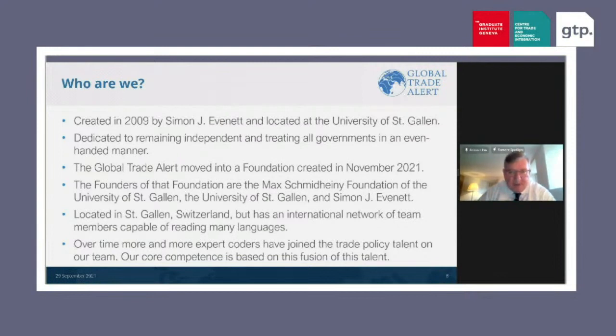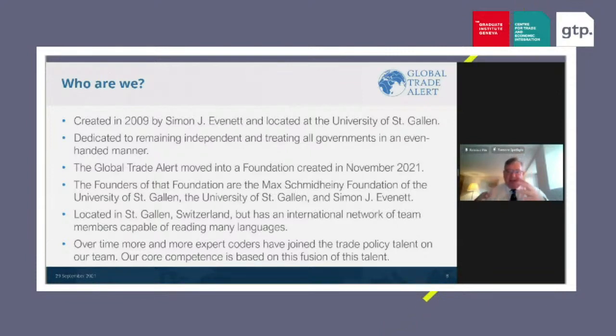The foundation was set up by the Max Schmidt-Heine Foundation of the University of St. Gallen, the university itself, and myself. Although we are located in St. Gallen in Switzerland, that is our home, we have an international network of team members who are capable of reading dozens of languages.